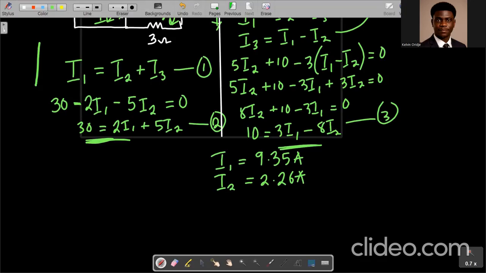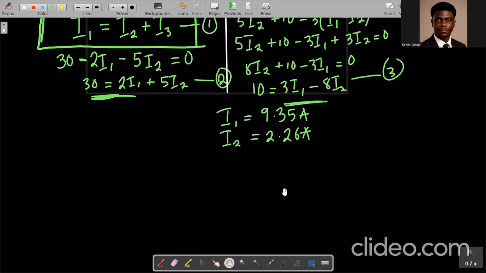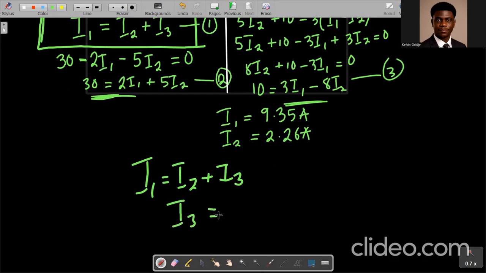Now we're going to solve for I3. Remember, we said that I1 is equal to I2 plus I3. So we just use that equation. Now we know the value for I1 and I2, so we simply make I3 the subject, which is equal to I1 minus I2.